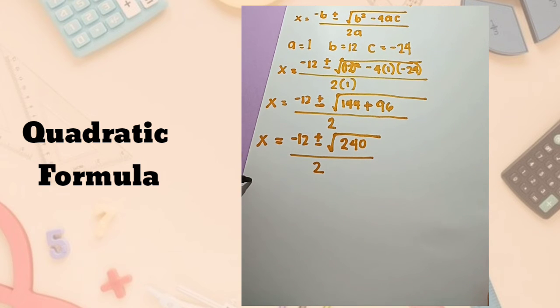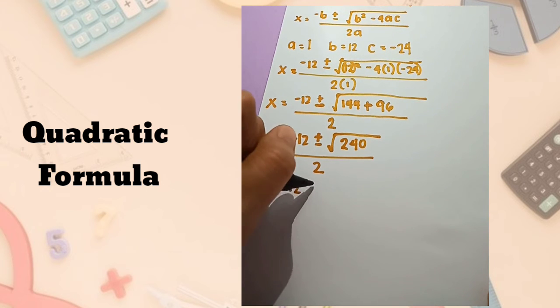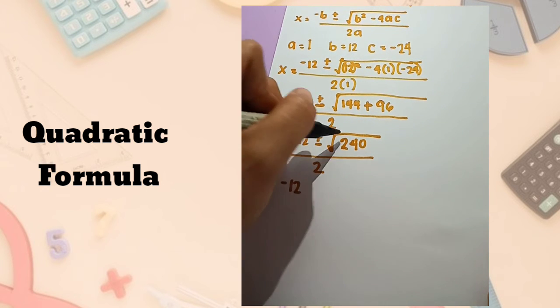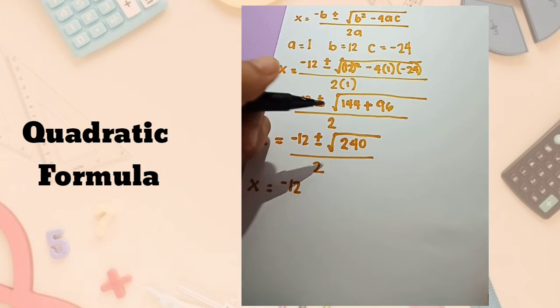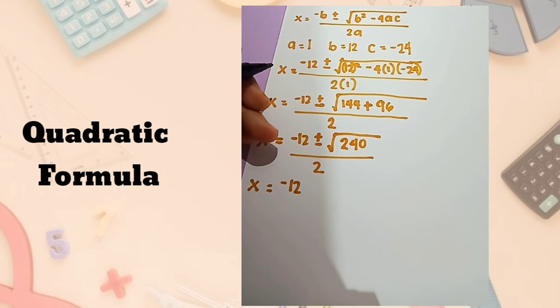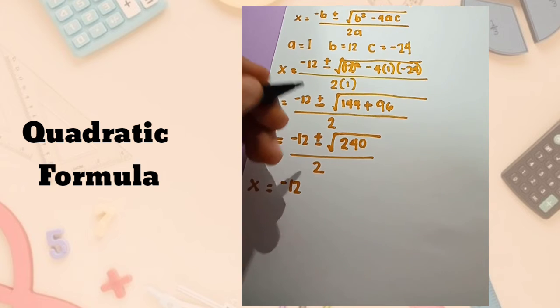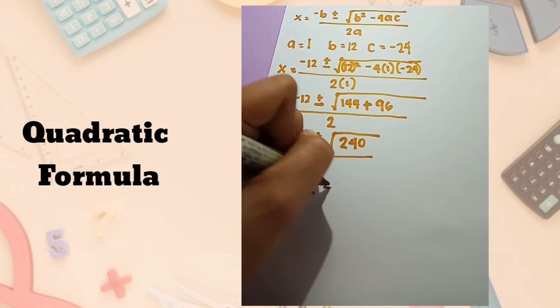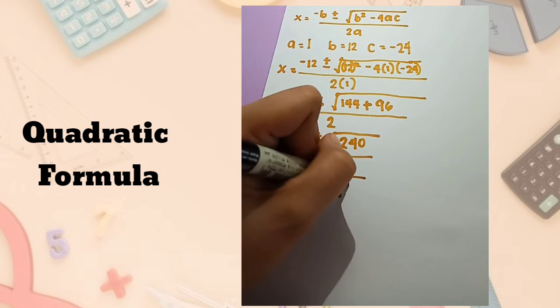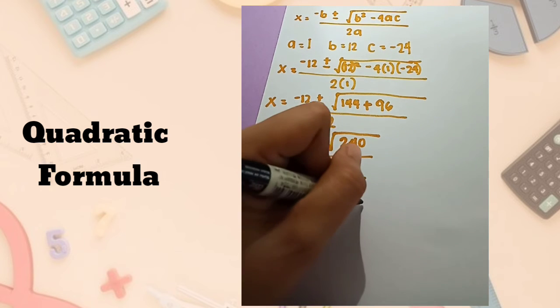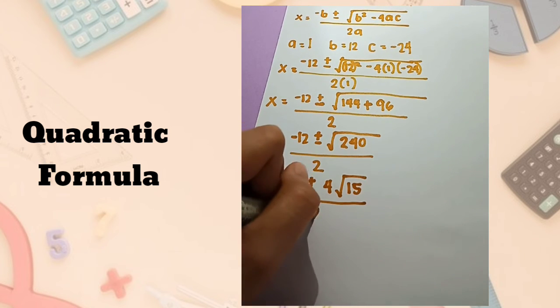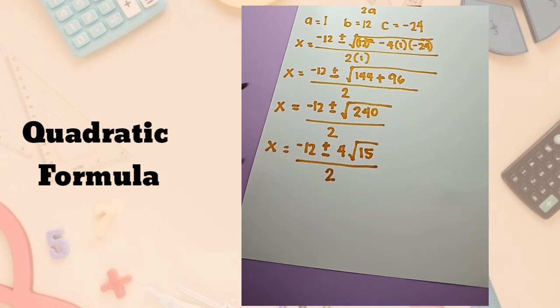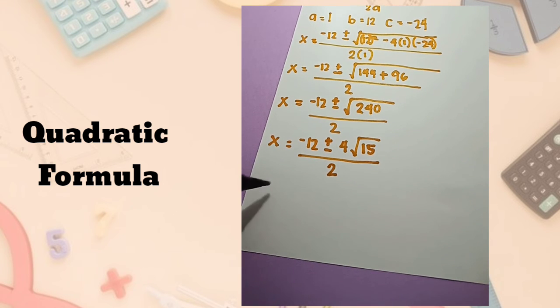Okay? So, x is equal to negative 12. Then, ano ba yung square root ng 240? So, ito ay positive and negative 4 square root of 15. Then, all over 2. Next.